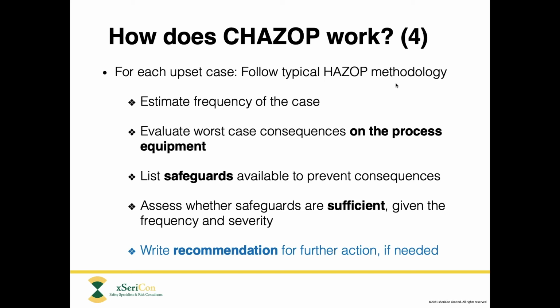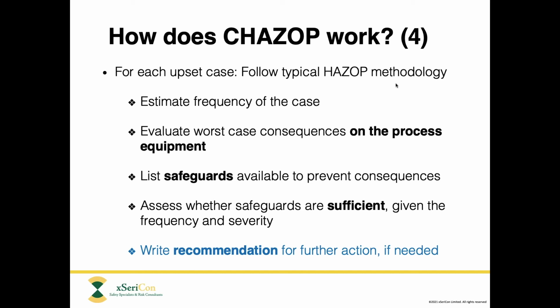Sometimes if the frequency is not known, we can make an assumption about the frequency, which is typically, we maybe assume 0.1 times a year for a typical failure or upset or misoperation event, and then work through with that frequency to see if it yields a relatively high risk ranking at the end of it.